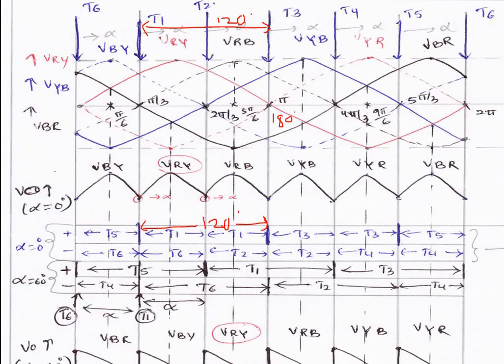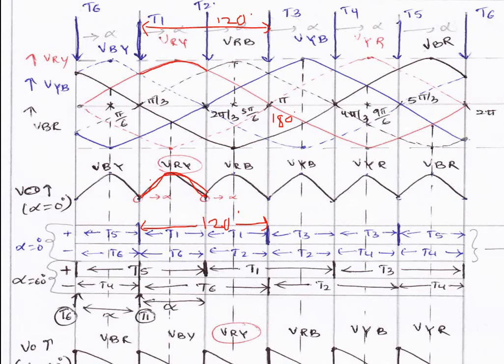So you can see in the waveform R phase and Y phase, so T1 and T6 are conducting, and the same appears as output, R and Y. Is it clear?